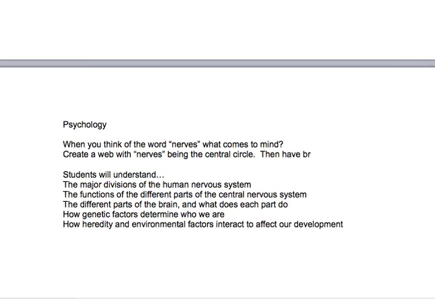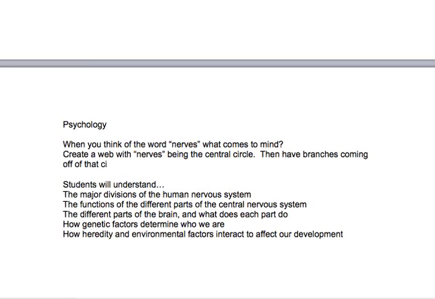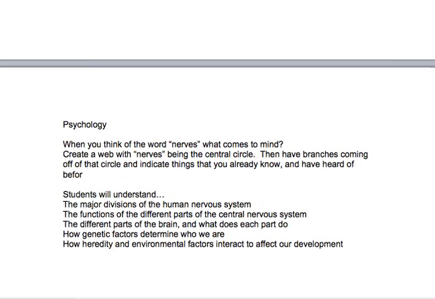Then have branches coming off of that circle and indicate things that you already know and have heard of before that are related to nerves.